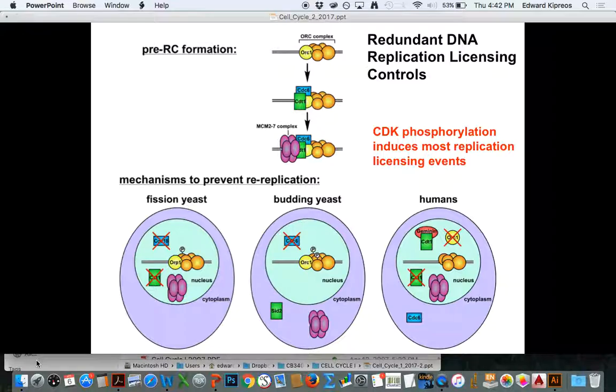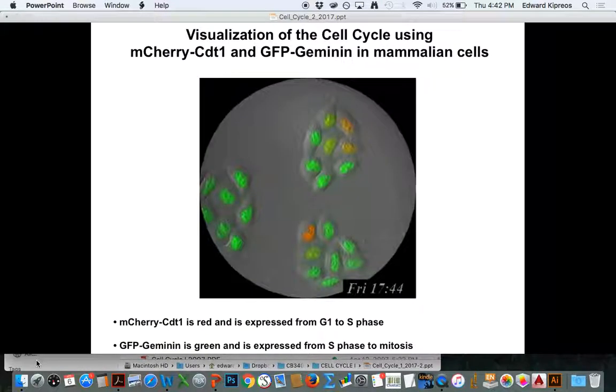Then he's going to take geminin, which is only made in S phase. Geminin binds CDT1, and he's going to add on a green. So this one gets degraded as cells go into S phase, and this one only gets made as cells go into S phase. And this one's green now, and this one's going to be red. But you can change the colors if you want.